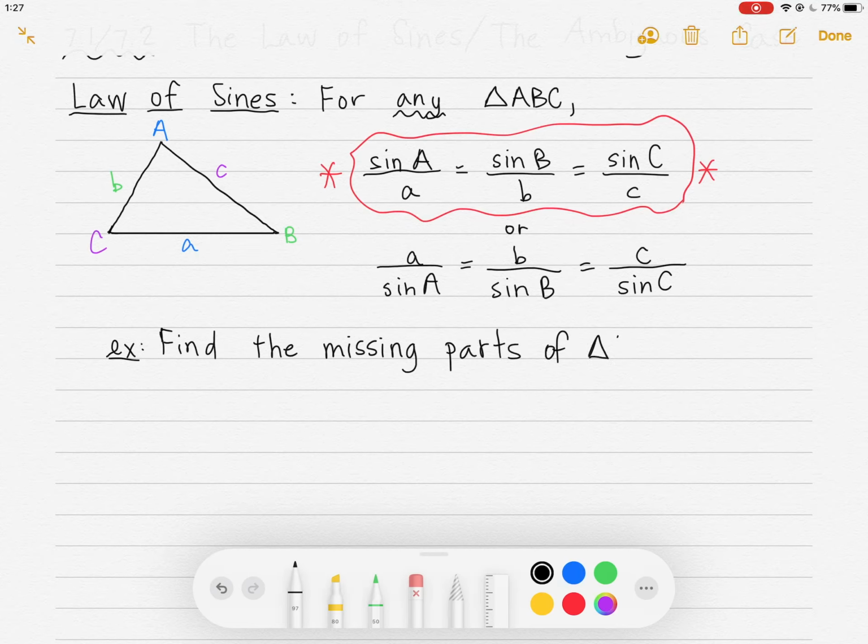Example number 1 is given that big A is 56 degrees 22 minutes, big B is 48 degrees 57 minutes, and little a is 7.24 meters.